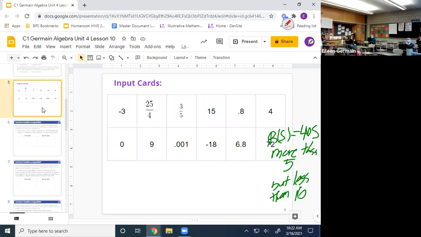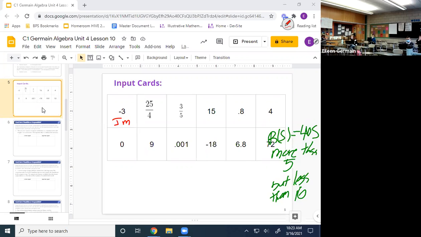What about this -3? For this scenario, would it work? No, impossible. What about 25 fourths? What does that equal to? Equal to 6 1/4, but why doesn't it work then, Kyle? I don't think you can have 1/4 of a person. Very good.